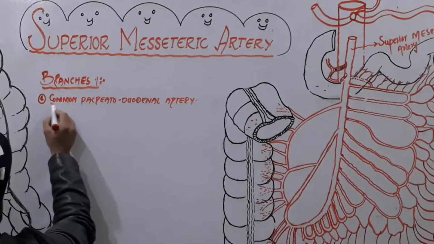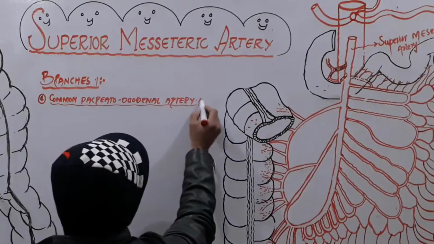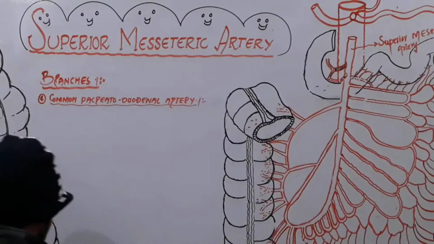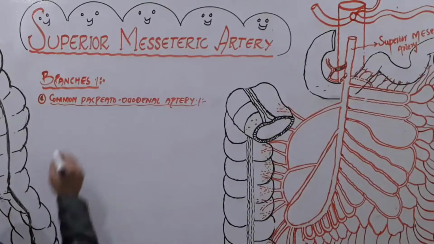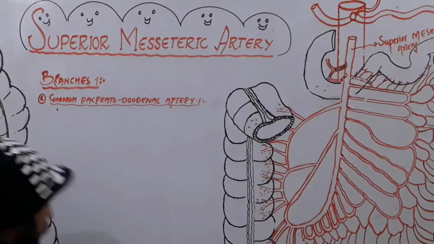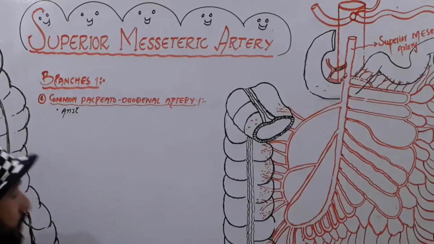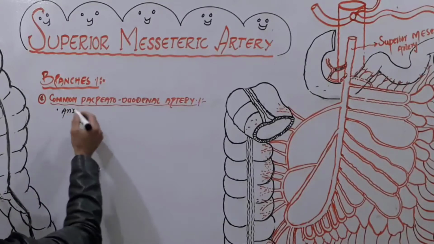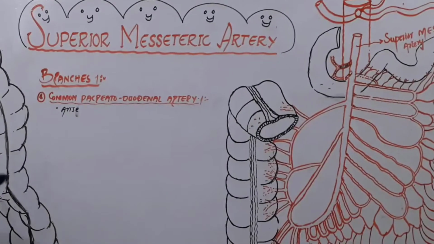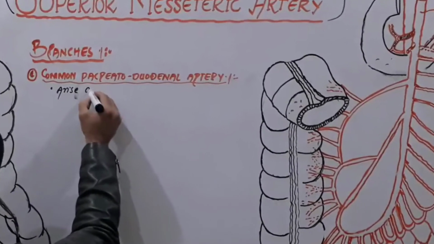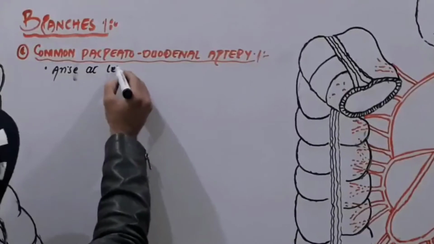Right friends, this is our first branch which arises from it, and let's see what we can write about it. Clear? So this artery arises at the lower border, or at the level of the inferior border, of the head of pancreas.